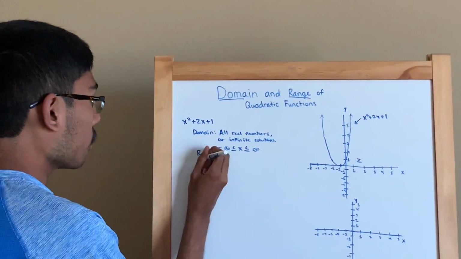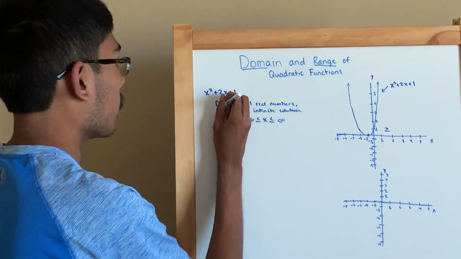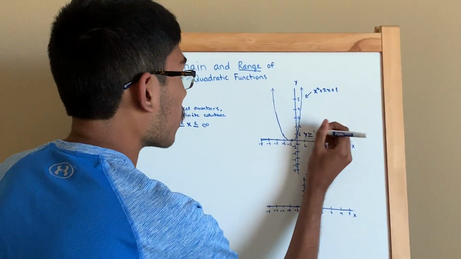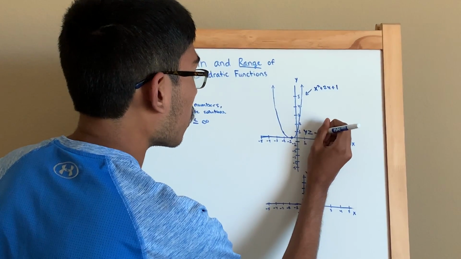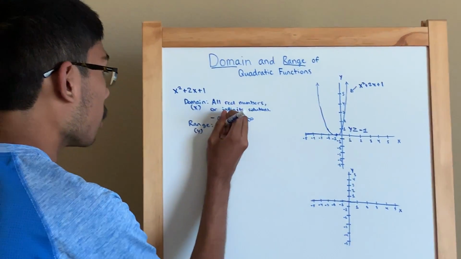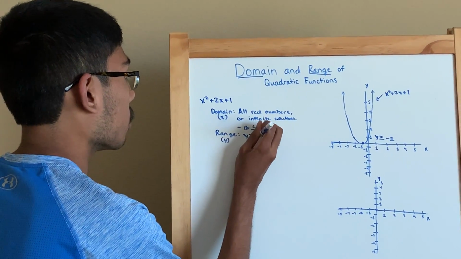And range is y, and domain is x. So this would be y is greater than or equal to -1. So the range is simply y is greater than or equal to -1.